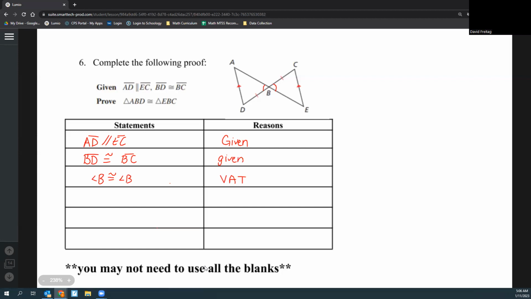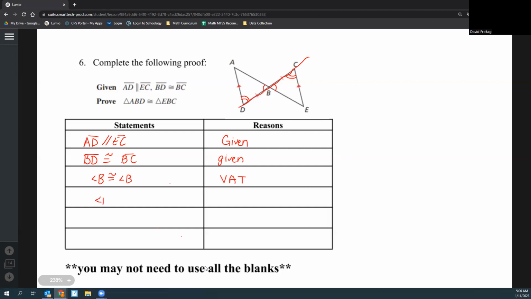If I wanted to do angle, side, angle, I want to prove that angle D would be congruent to angle C. And it's possible because AD and CE are parallel and DC is a transversal. So this angle and this angle are alternate interior angles.